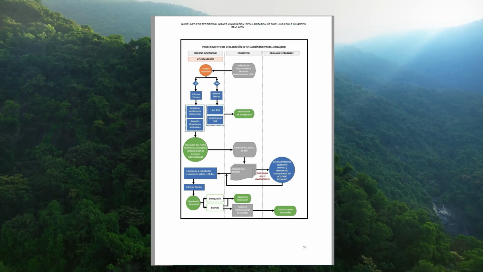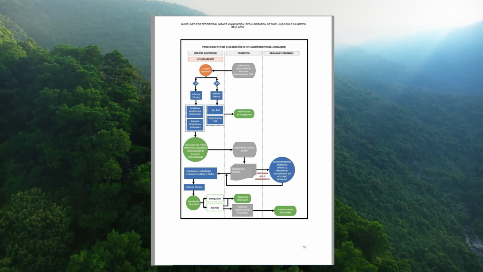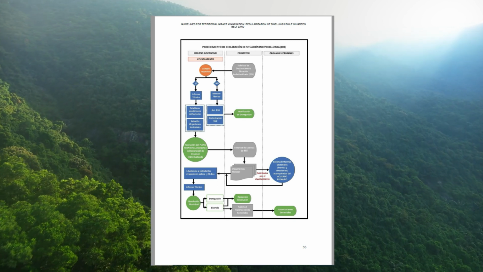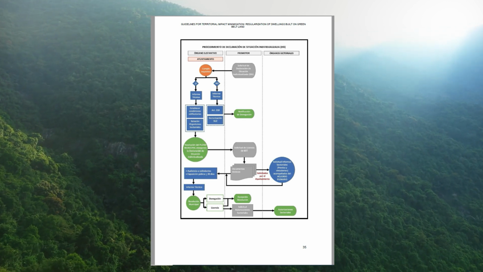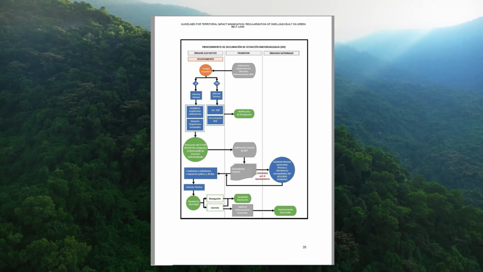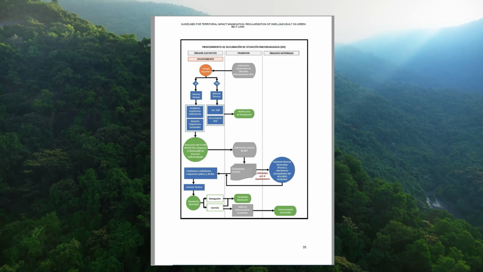Once the decision is taken, basically to give you the license or not, you have to carry out the works. You're informed about the decision, and then you have 4 years to carry out the works.